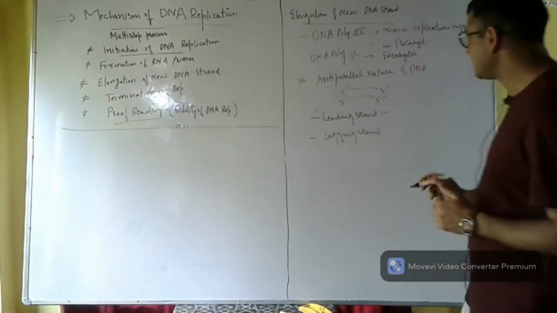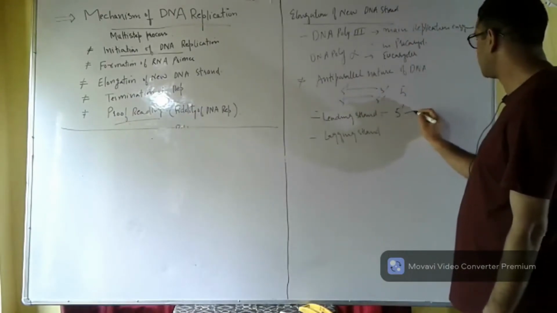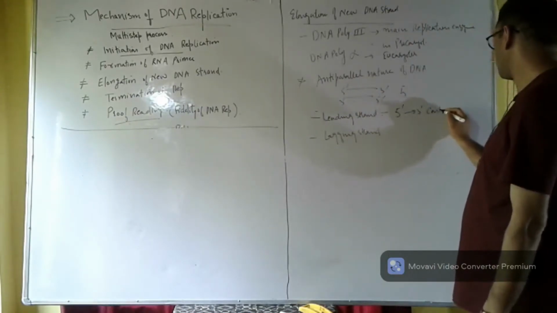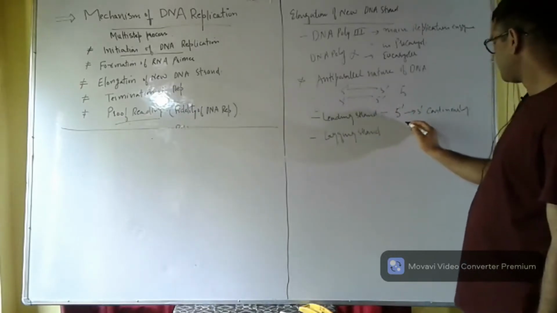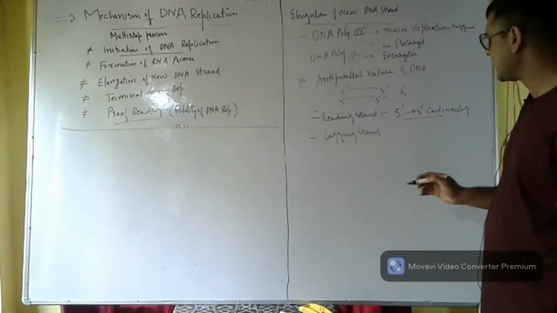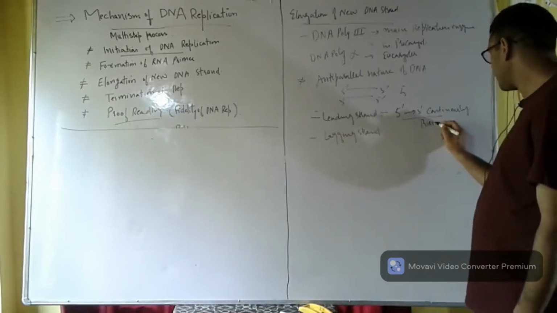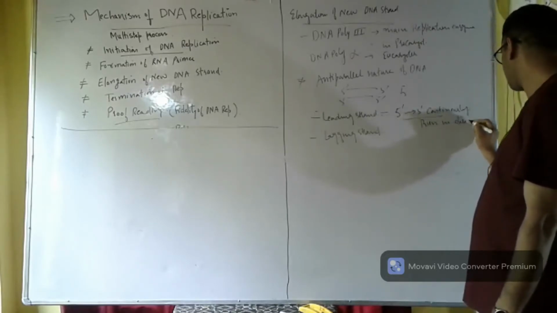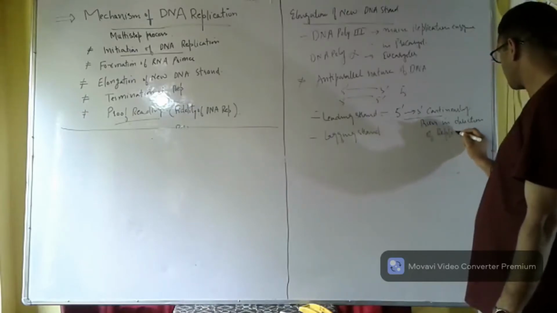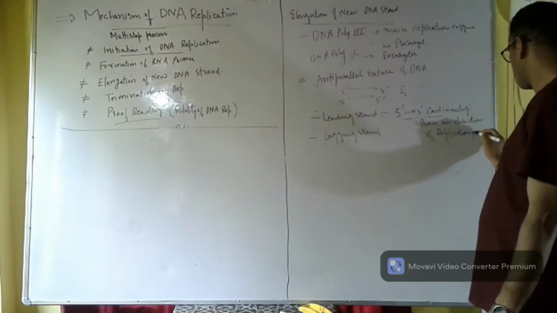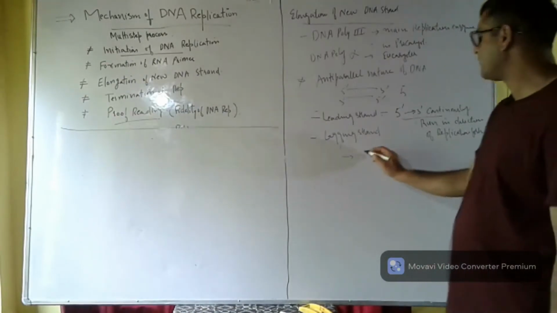The leading strand is synthesized continuously in the 5' to 3' direction. This leading strand runs in the direction of the replication fork. The other strand is synthesized in short segments.